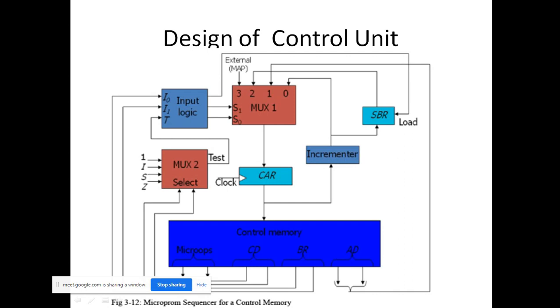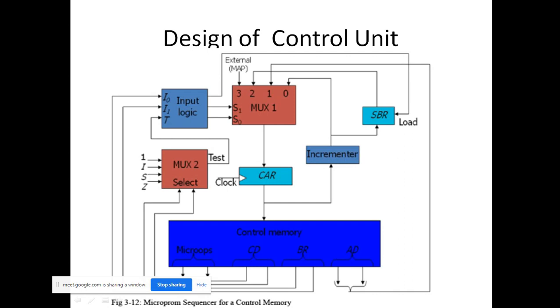The result is sent to the input logic. So the control unit mainly has two multiplexers: one for the selection of the next address from four sources, and the second for testing of status bits.